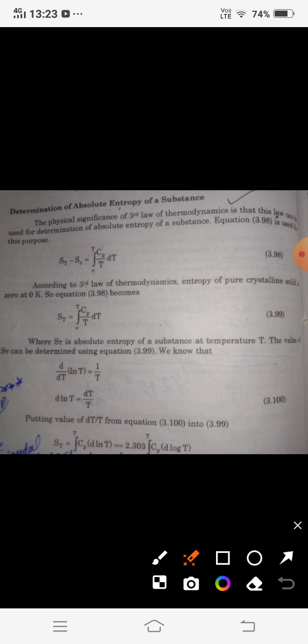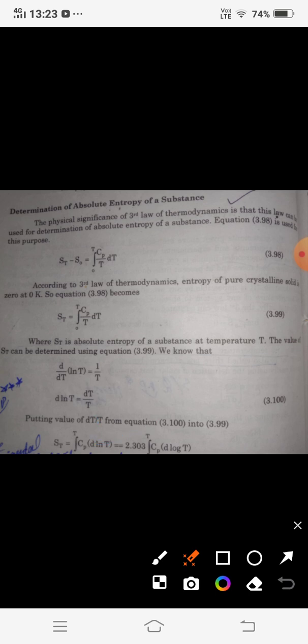So in this equation, dT over T, the differential of temperature divided by temperature, can be replaced by the differential of natural log T. When we put d natural log T, the equation becomes in this form.